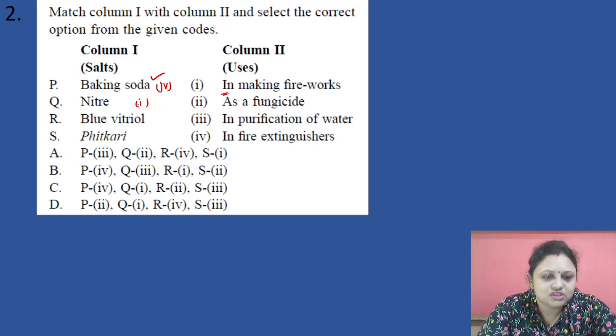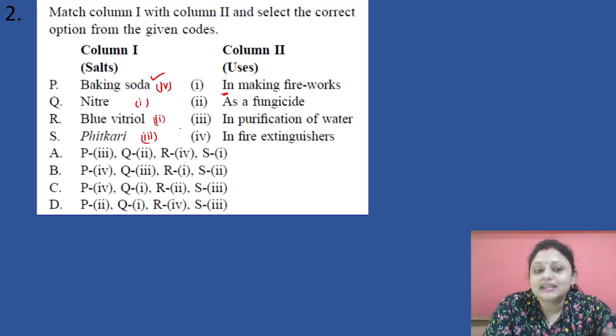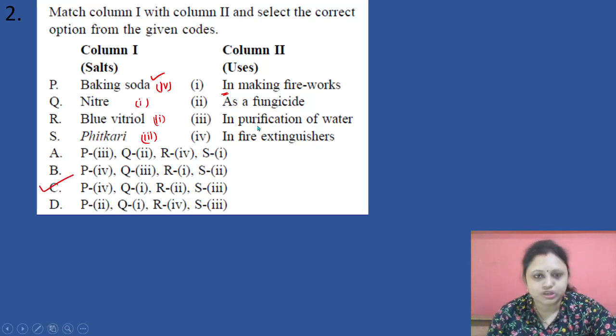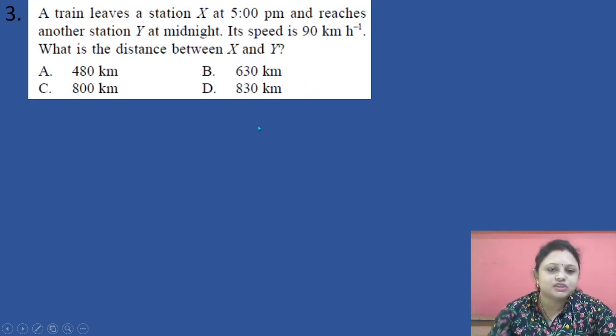So we can write here 1. Then blue vitriol is used as a fungicide. So we can write here 2. And fitkiri, as we all know, is helpful in purification of water. So the answer will be P4, Q1, R2 and S3. And where is it present? It is present in option C. Got it, everyone? Coming to the next question.